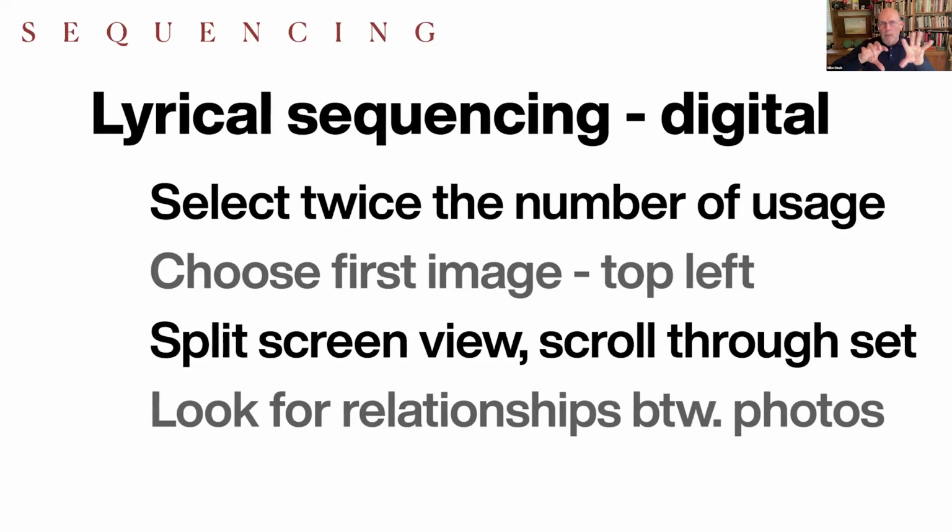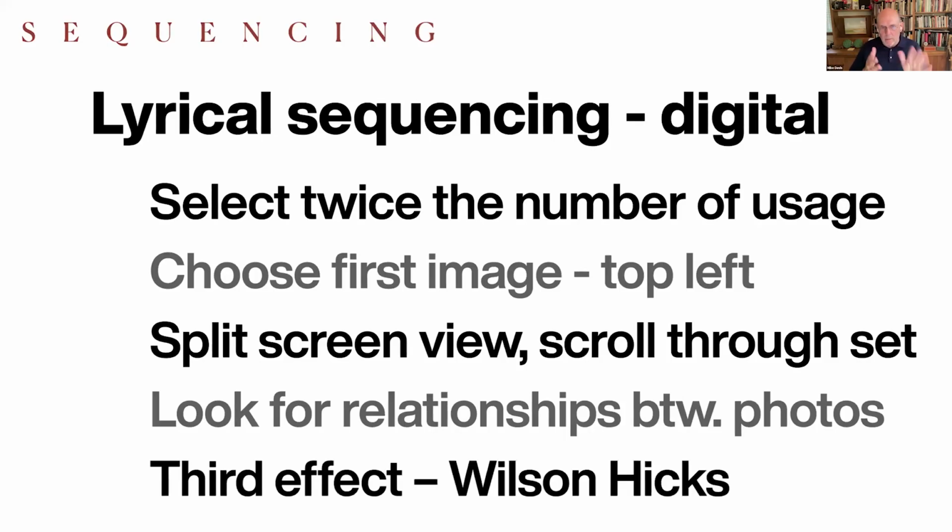I'll talk about what kinds of dynamics those relationships can be. Basically, what Wilson Hicks called the third effect in his 1952 book about picture editing. It's probably the best book ever written on the topic, even though he was talking about words and pictures on a page. It does translate well into our world.